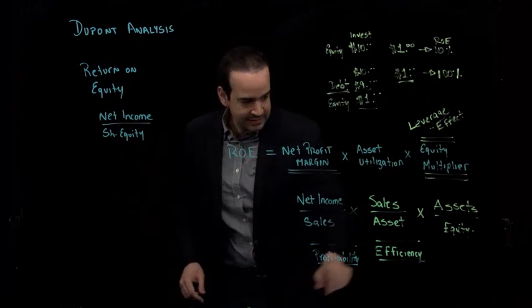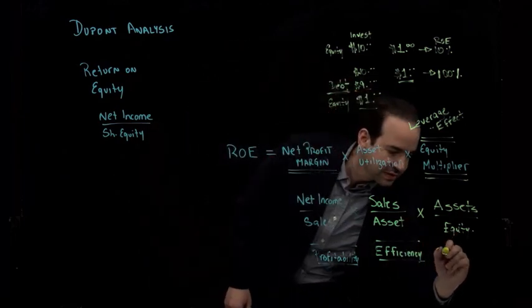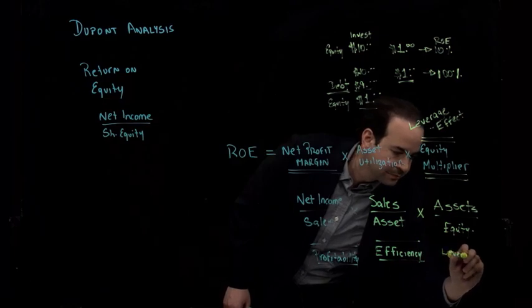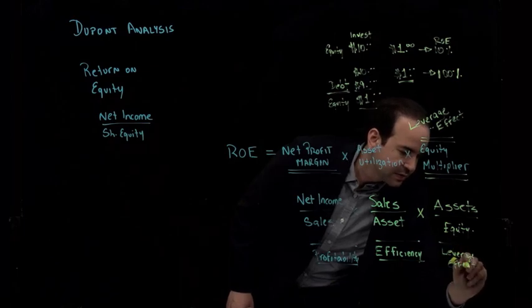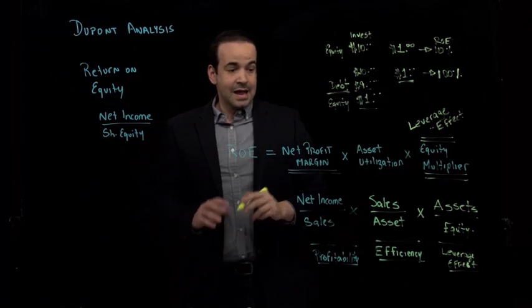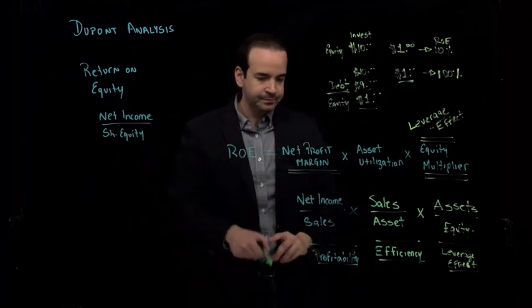Now, this last term is accounting for this leverage effect. And that's it. How does the formula finally make perfect sense?